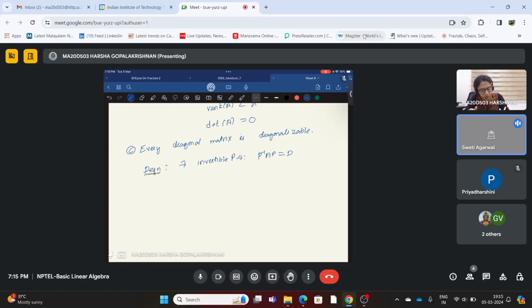So we can pre-multiply by P and post-multiply by P inverse like that. No, no. What should that invertible P be? See, what I have is a diagonal matrix like this, d1, d2, etc., dn, and elsewhere it's 0.